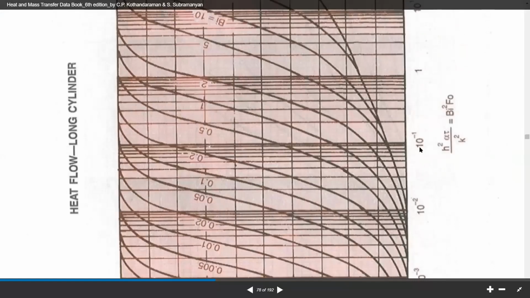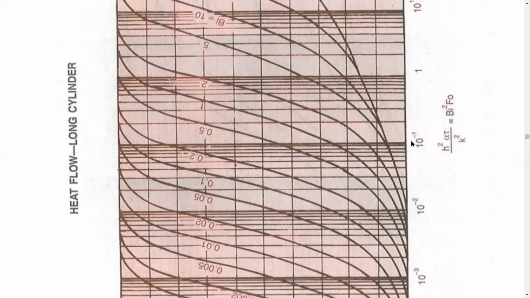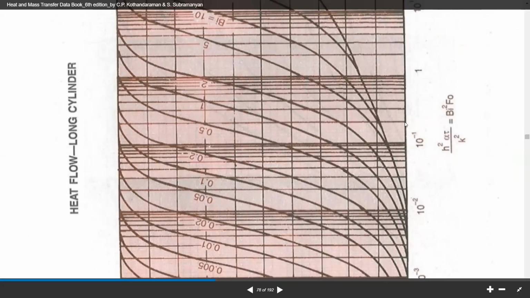So how to get the 0.3? See, 10 to the power minus 1 is nothing but 1 by 10, or 0.1. Our value is 0.31. This is 0.1, this is 0.2, this is 0.3. Okay, 0.31 we have, no problem. We can take 0.3 also. Now, what is the Biot number?